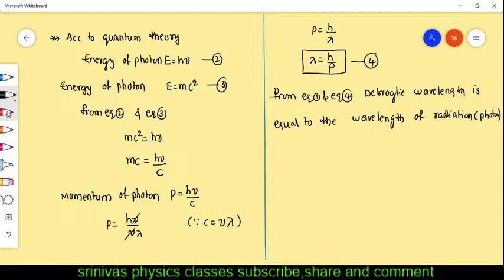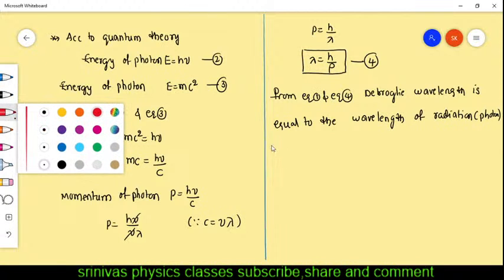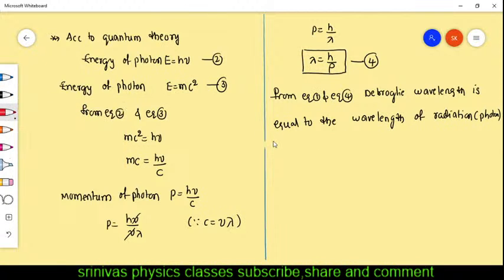Next I'm going to give some other formulas in the note. Okay, you write the side heading Note. Then I'm going to give some different formulas for the de Broglie wavelength, right?